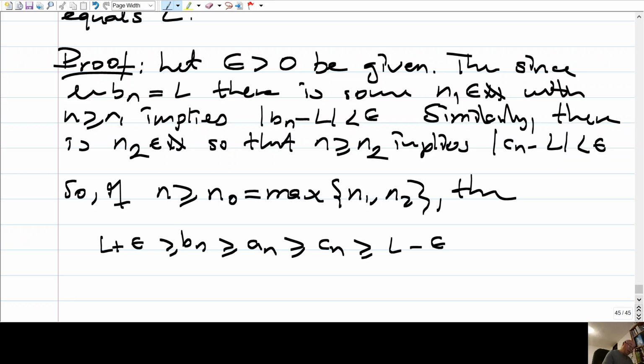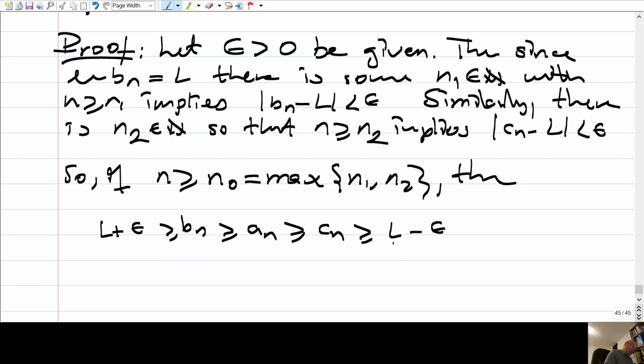We have this. So this means, if n is larger than, no, I already said this. So An is less than L plus epsilon and greater than L minus epsilon, and An is between Bn and Cn.